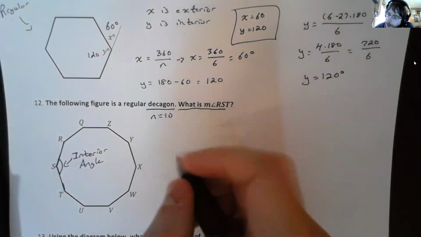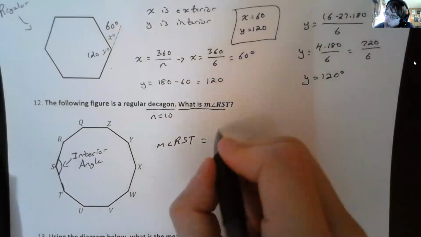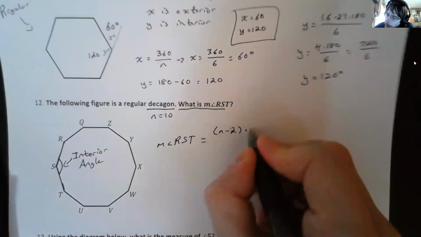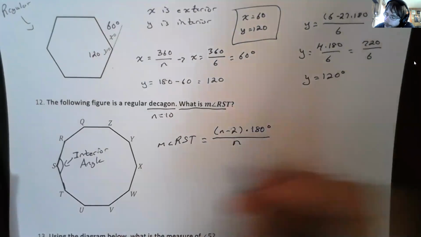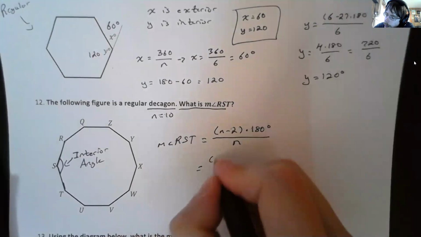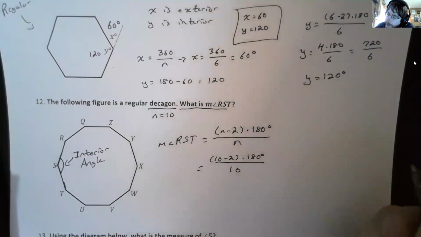So let's do that. The measure of angle RST would be equal to n minus 2 times 180, because that's the sum, then divided by n. Well, n minus 2 would be 10 minus 2 times 180, and then over 10.